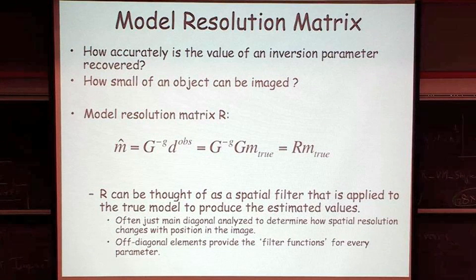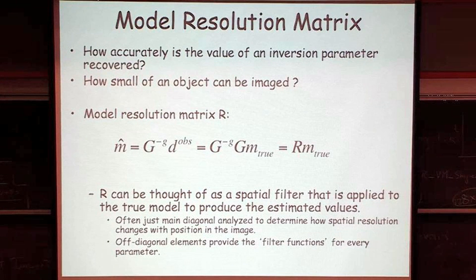And then you see what the product of R m true gives you, and this gives you how that model parameter is actually maybe spread over several blocks, or its amplitude has been distorted by the process of inversion. So it tells you something about the imperfections of your inversion, or how good it is.